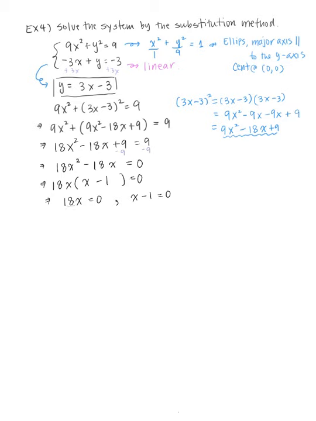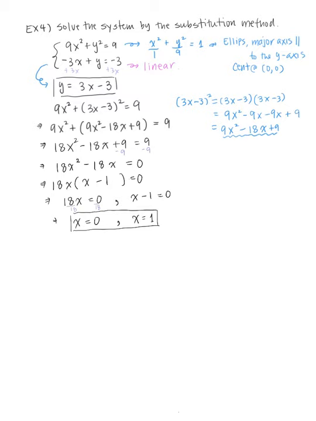For the first one, dividing by 18, we're going to have x equals 0, and adding 1, you're going to have x equals 1. So these are our proposed solutions. All right, so now let me just box that because they're kind of important.